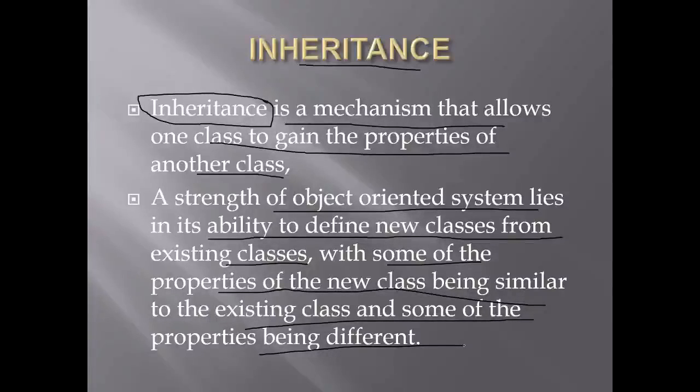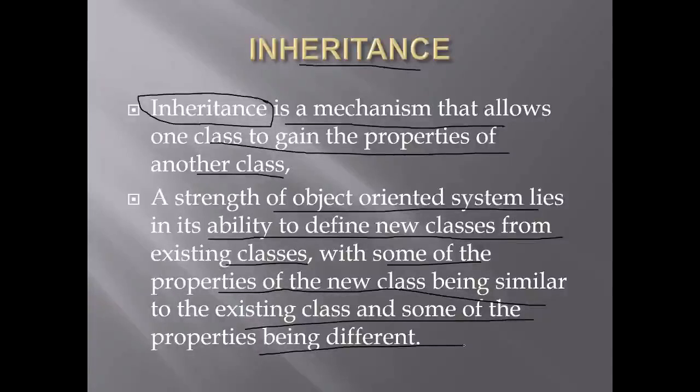So the child has the common properties taken from the parent, and the child has its own properties within it. Some properties match the parent's and some are its own in the child class.